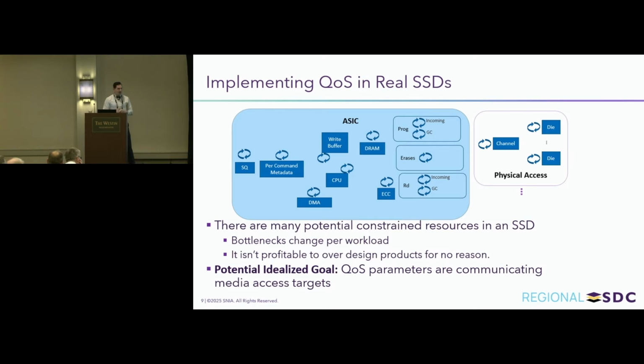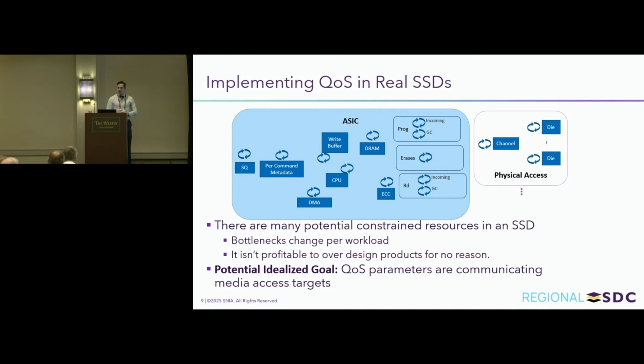So while real SSDs are hard, what we need to do in a standardizing setting is do the best effort of simplifying that and making it a simpler handle and something more manageable to understand.